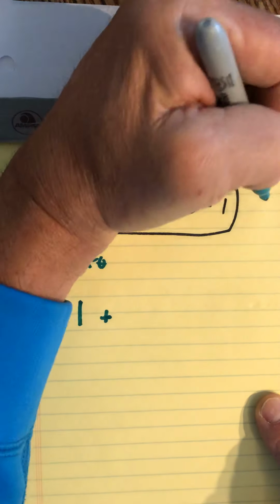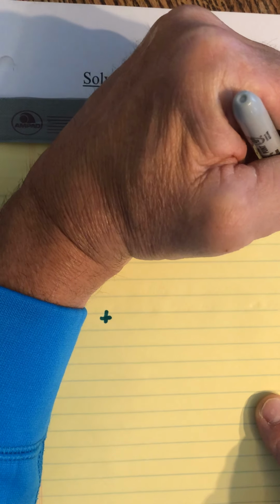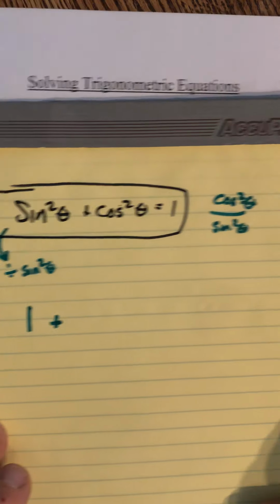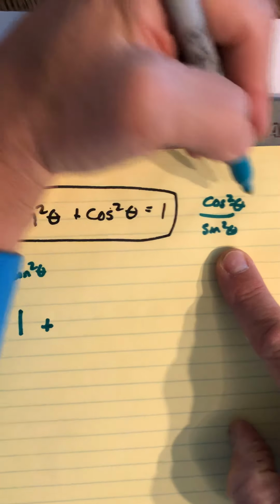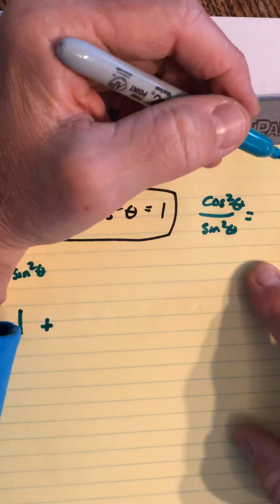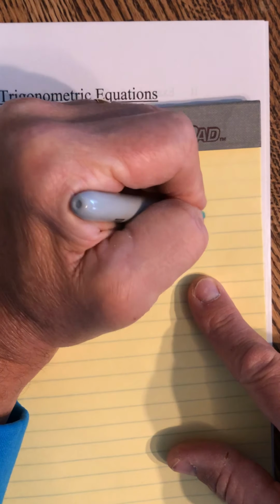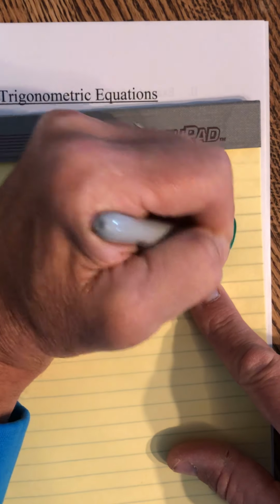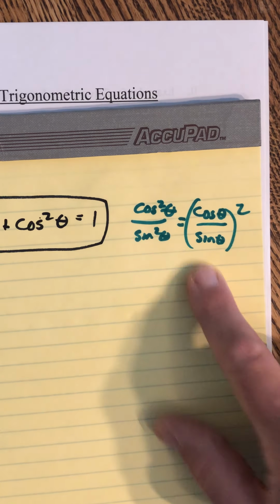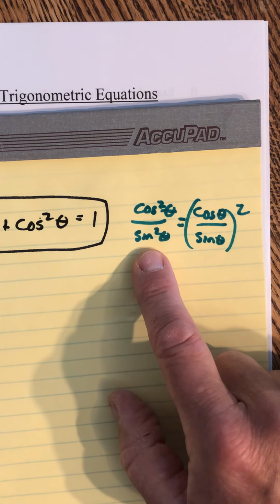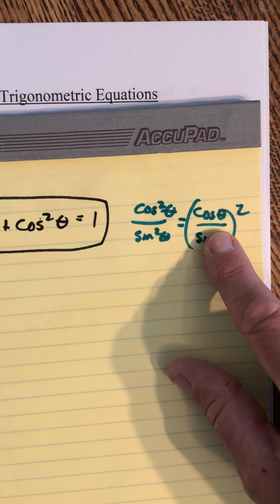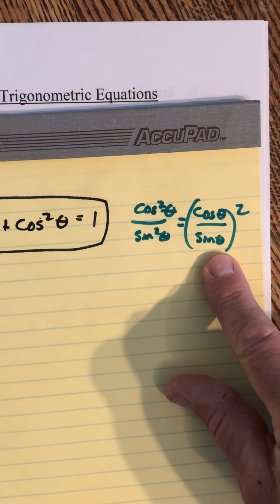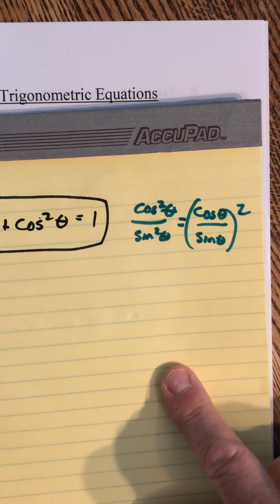Cosine squared theta over sine squared theta, okay, well, knowing our laws of exponents, that would be the same thing as having the cosine of theta over the sine of theta and squaring the whole thing. When you have a fraction and you square the whole fraction, that squares the top and the bottom, so these would be equivalent.